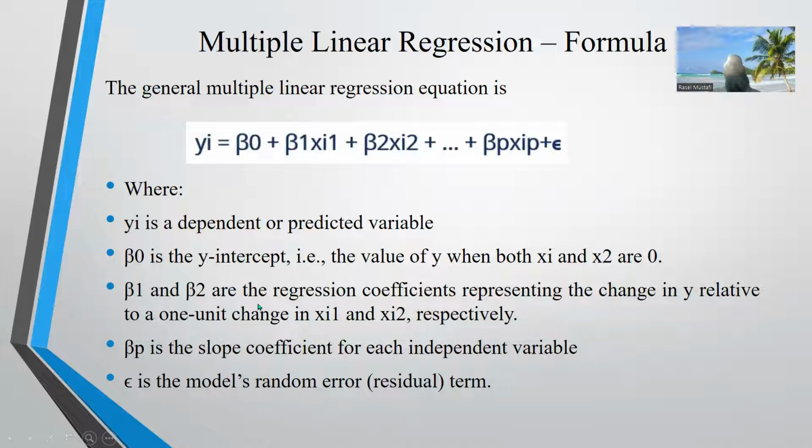Beta 1 and beta 2 are the regression coefficients representing the change in Y relative to a one unit change in xi1 and xi2 and so on. Beta p is the slope coefficient of each independent variable, and epsilon is the model's random or residual term.